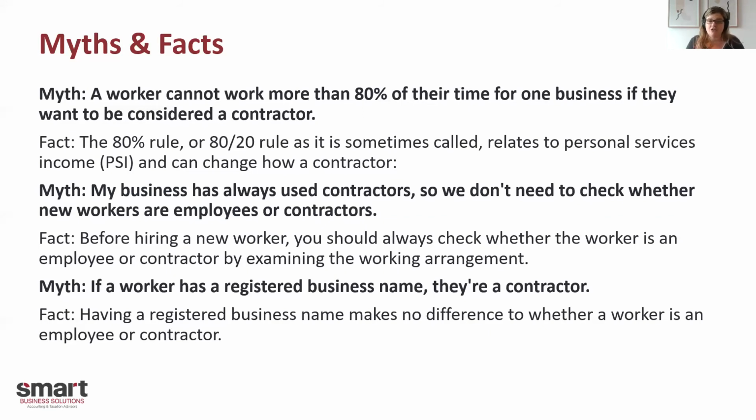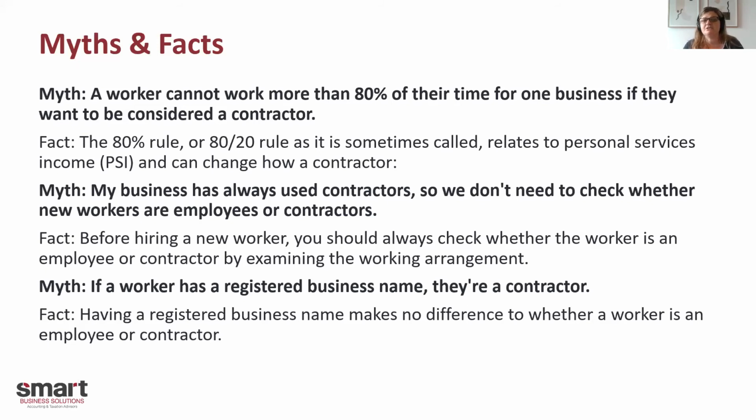But it's actually not a factor in whether they're an employee or a contractor for the purposes of superannuation and PAYG. It's completely unrelated. The 80-20 rule is about personal services income and how they're taxed and put in their tax return. Nothing to do with whether they're a contractor or not. I think that's a misconception people have.